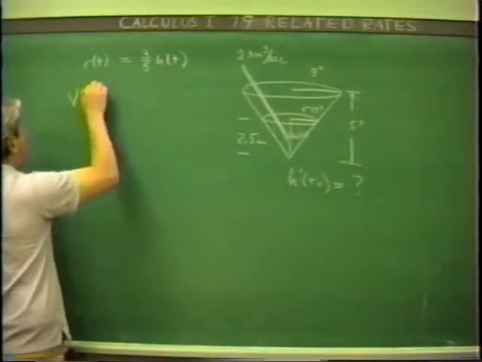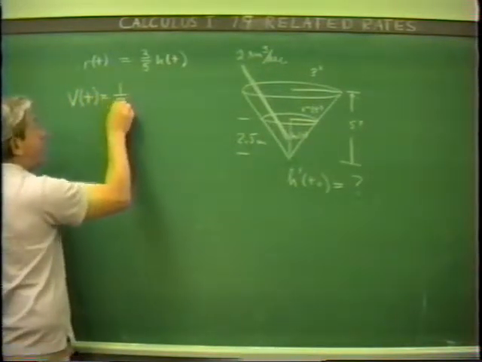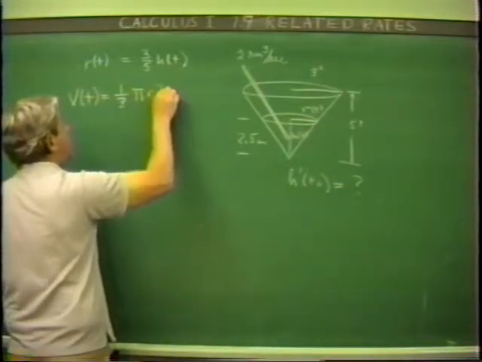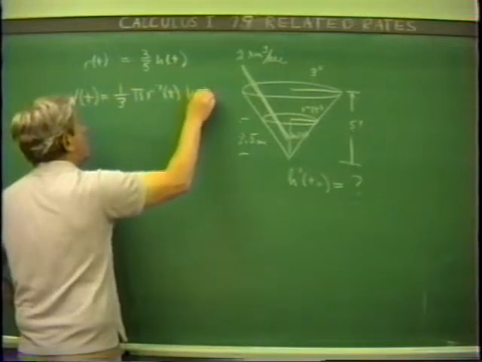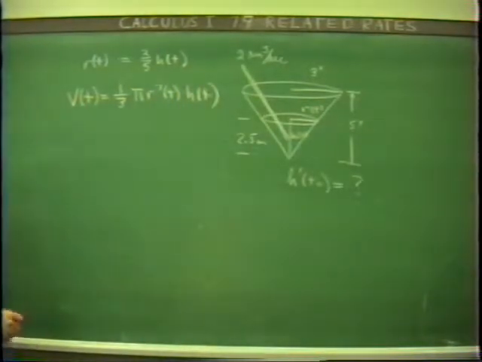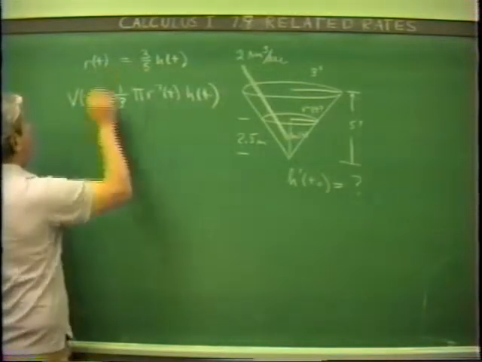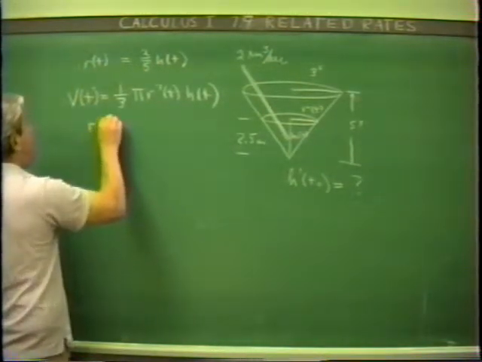We also have the volume at any time t of the cone is 1/3 the area of the base times the height. So that's 1/3 pi r squared of t h of t. So here we've got 2 equations now that hold at any time t. Right? There don't seem to be any others, so let's begin to work with these.